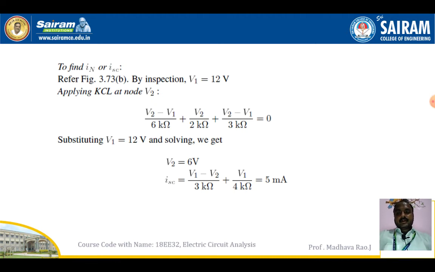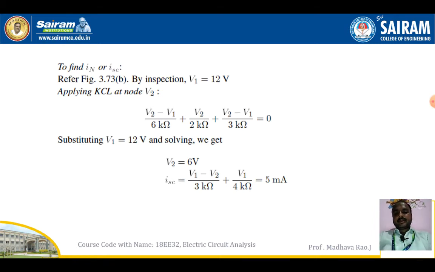Then to find IN or ISC, by inspection V1 is equal to 12 volts. Then we apply node analysis and find the voltage across V1. So V1 is equal to 12 volts, and V2 is equal to 6 volts. Here ISC is equal to (V1 minus V2) divided by 3 kilo ohm plus V1 by 4 kilo ohm.